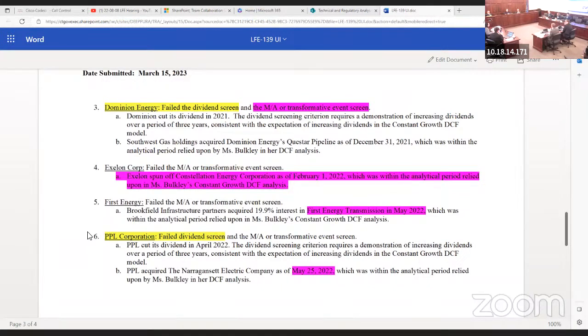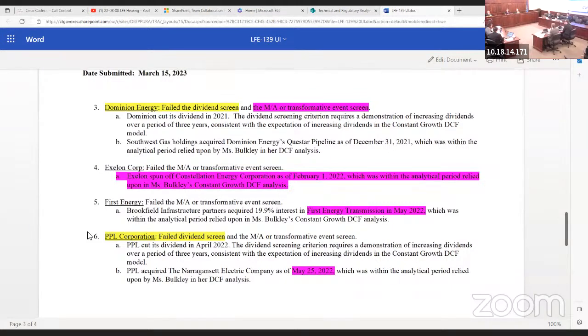I think the constant growth DCF does require constant growth in dividends. Right. But it doesn't require that they be 3 years going back, right? No, I don't believe there's any specification in the financial model about the cuts, just that there be constant growth. Okay.